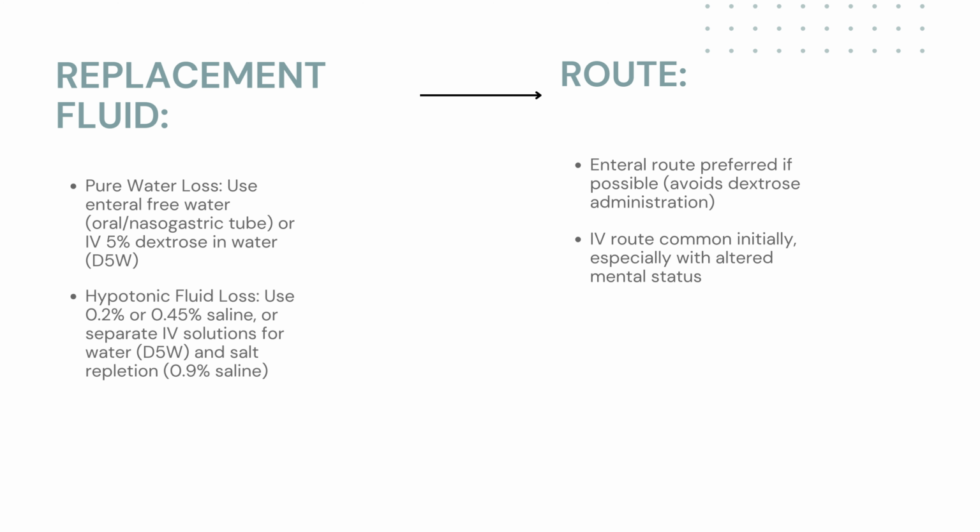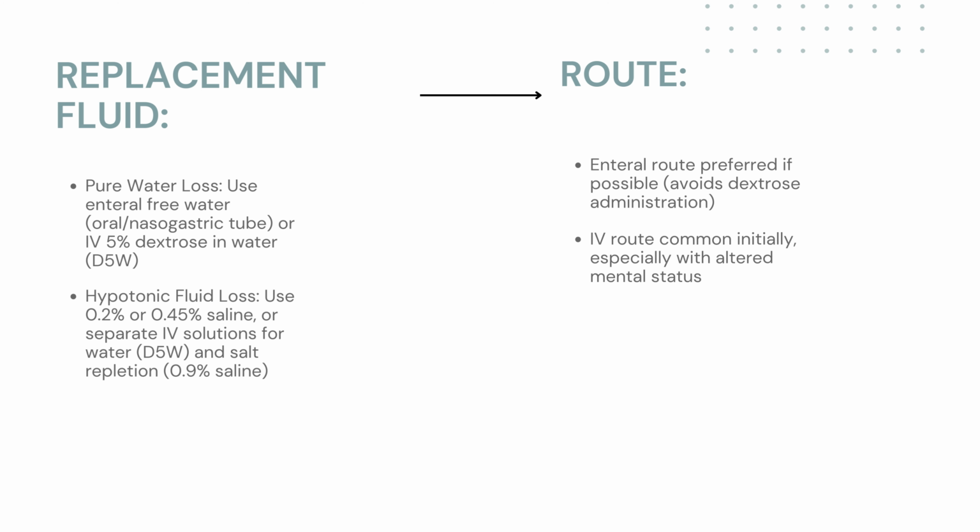Now we will determine the replacement fluid. For pure water loss or euvolemic hypernatremia, we can use enteral free water via oral or nasogastric tube, or IV 5% dextrose in water.